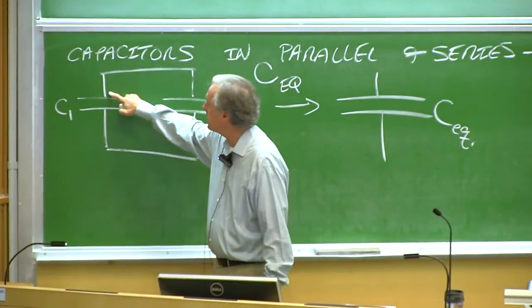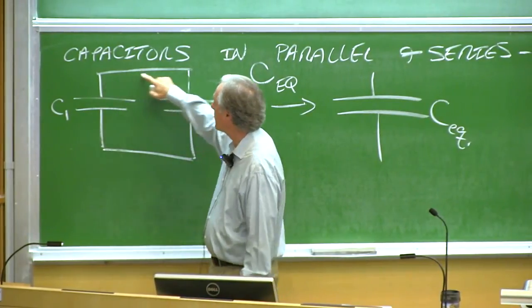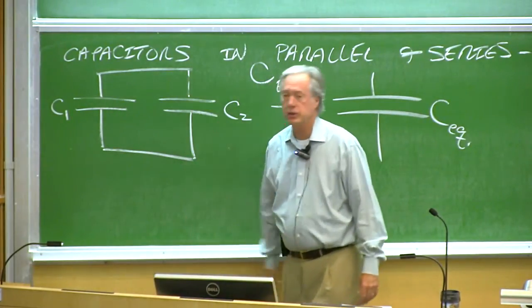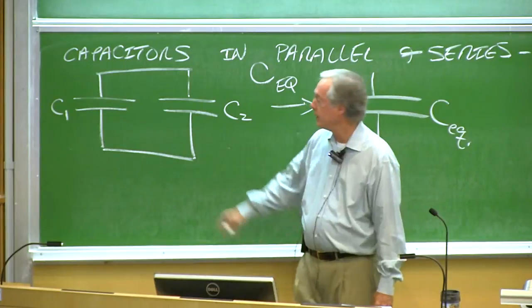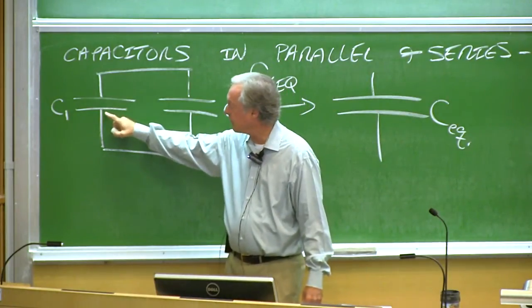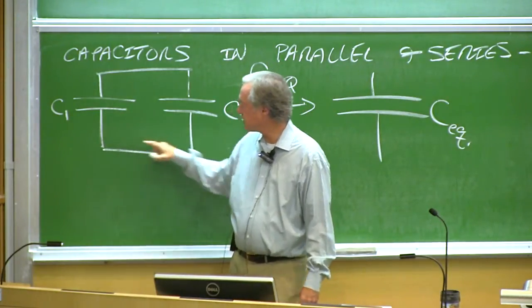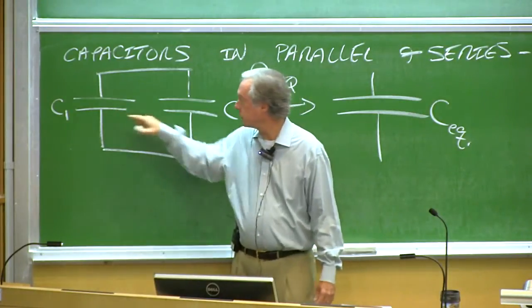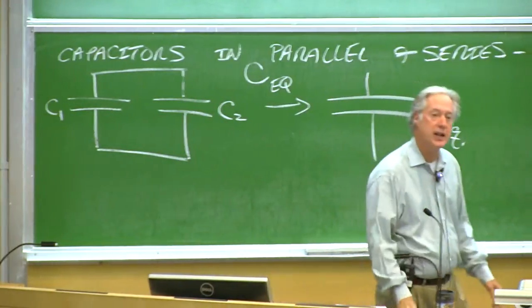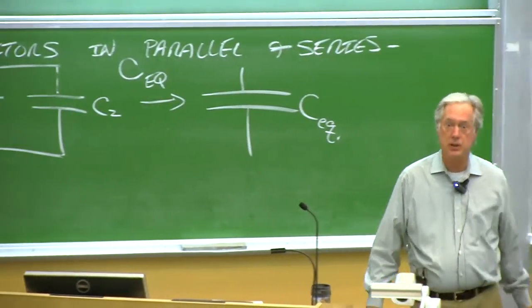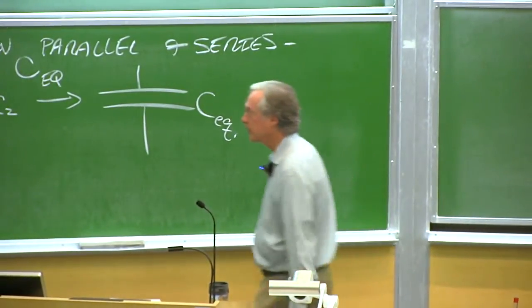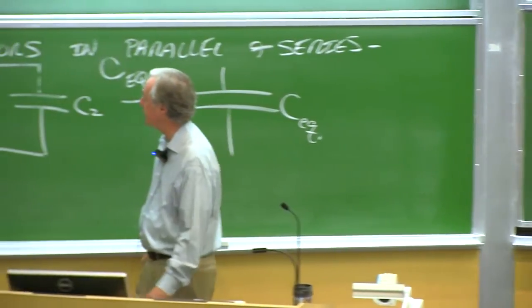So that means the charges on the top of C1 are at the same voltage level as the charges on the top of C2. Similarly, at the bottom, if there's no current flowing, the electric field in the wires is zero, and the voltage at the bottom of the two plates is identical. It's not the same as the voltage on the top of the plates, but the two bottom plates are the same.